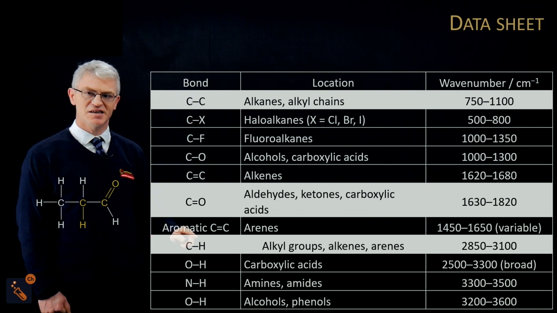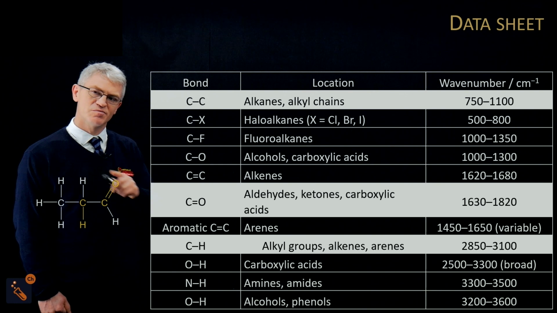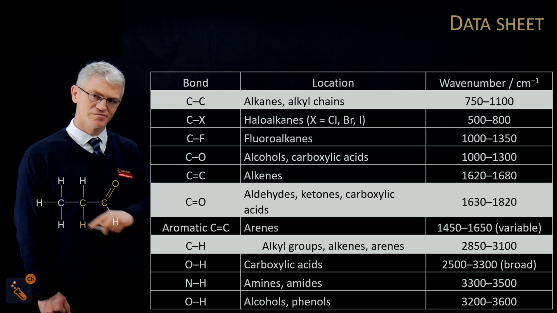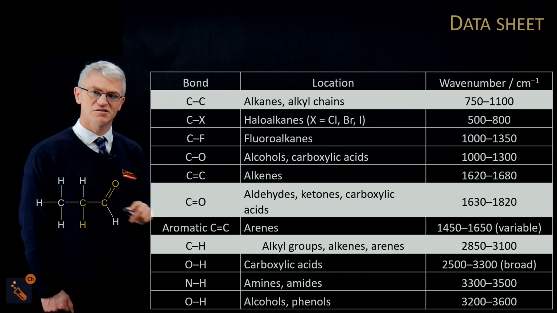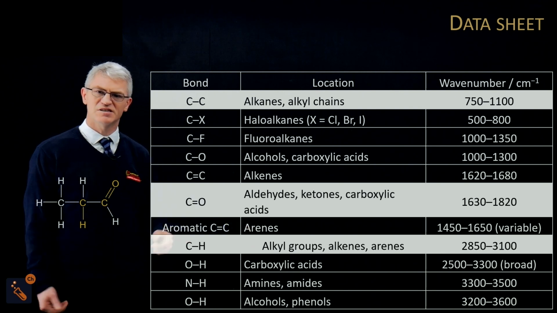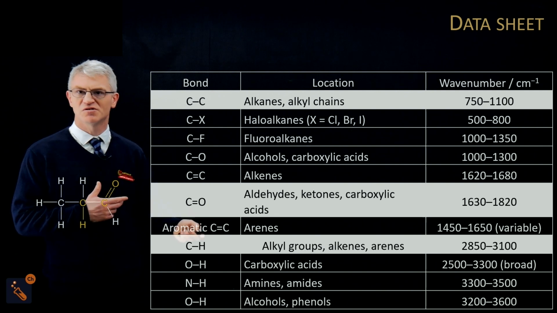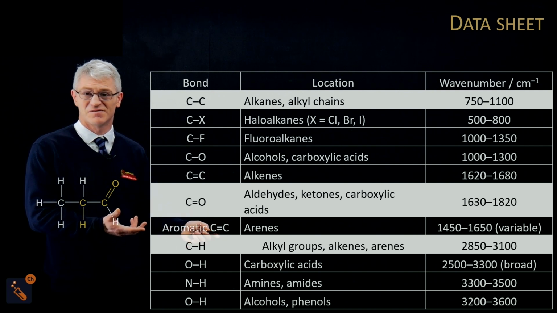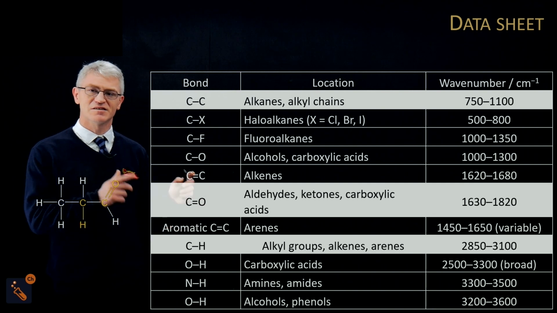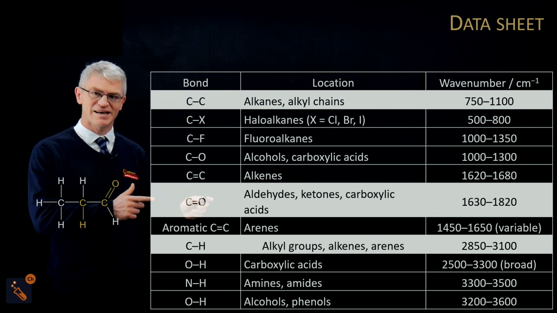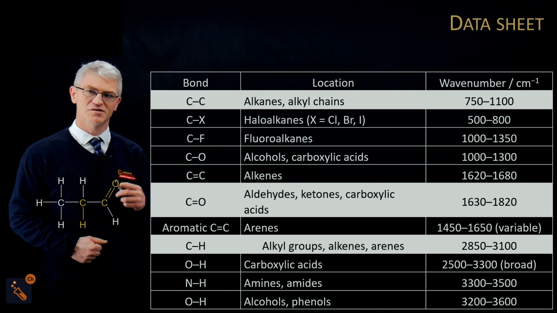The CH is the same. All organic compounds tend to have CHs on them. There might be the odd exception, but the ones you're going to come across all have CHs, and therefore we don't report those either. We don't put those on our answers because the CH is in everything, so you can't differentiate anything. The C double bond O can differentiate things, so we always look at that one.